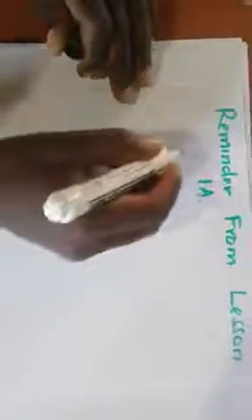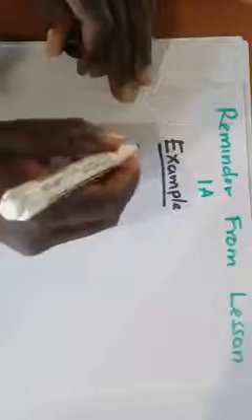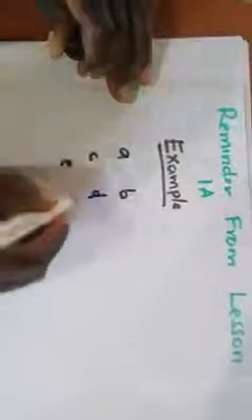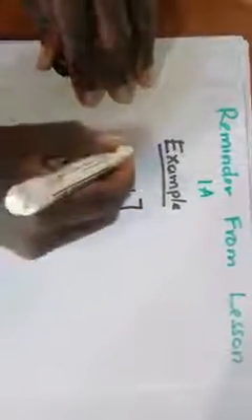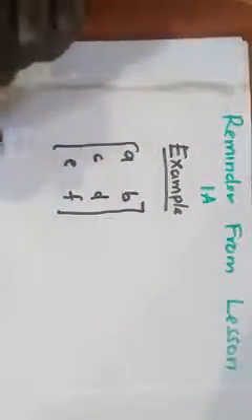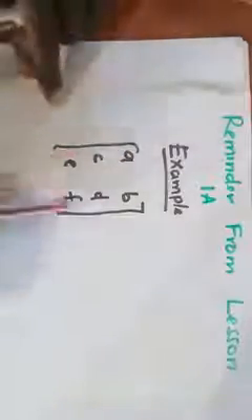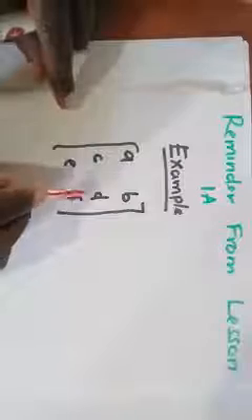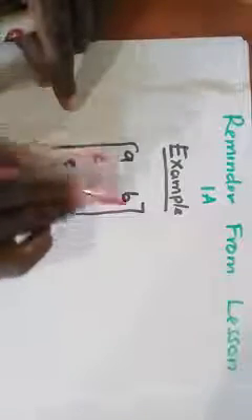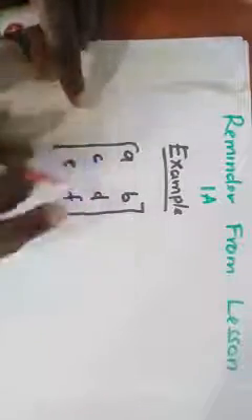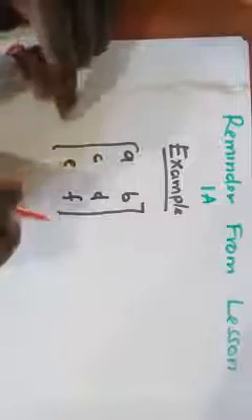For example, we looked at a matrix like A, B, C, D, E, F. We said that these are elements. Elements A, B, C, D, E, F are the elements that make up this matrix.